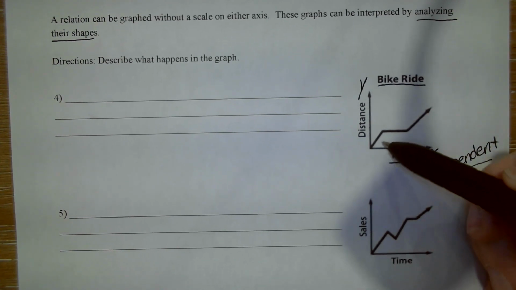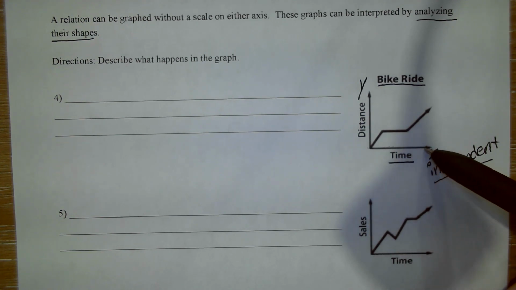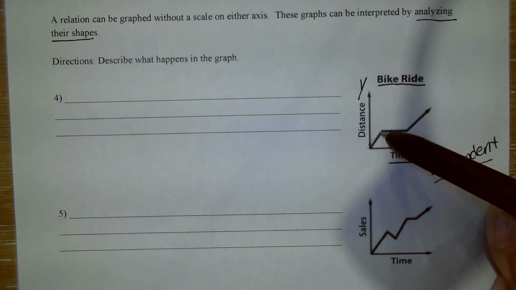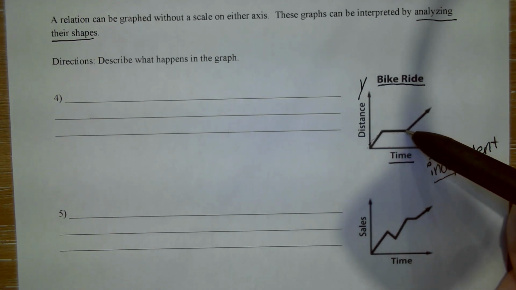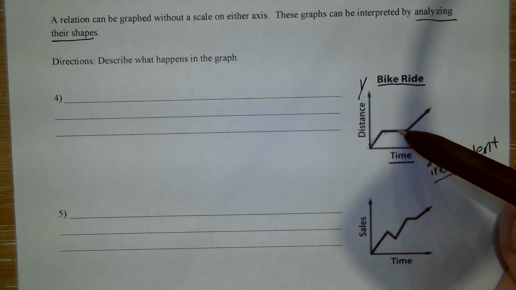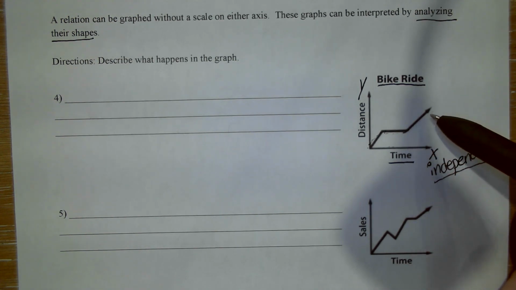So now look at the graph. First, it shows that as we're moving along the time axis, our distance is increasing. Then it stays the same for a while. The time continues to increase, but the distance is no longer going up. And then we finally start to climb with our distance again.